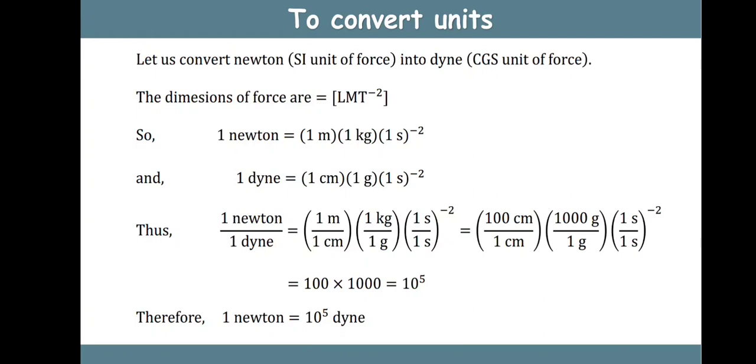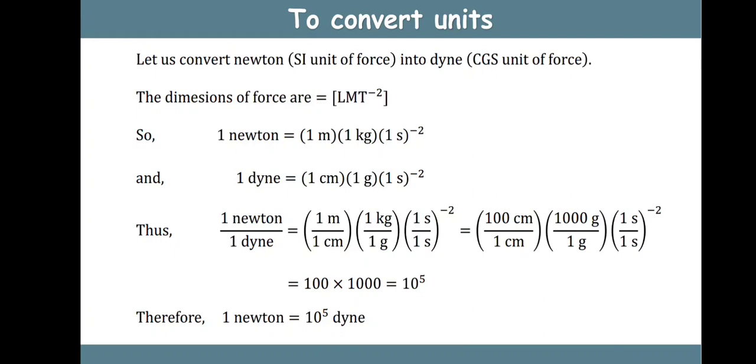So we get 100 into 1000, which means 10 raised to power 5. Therefore 1 Newton is equal to 10 raised to power 5 Dyne. This is the way we can convert one type of unit to another type of unit.